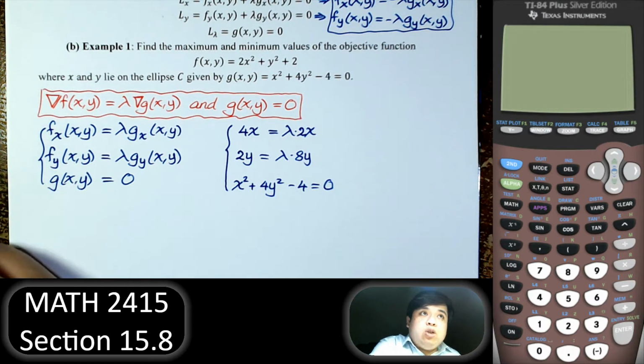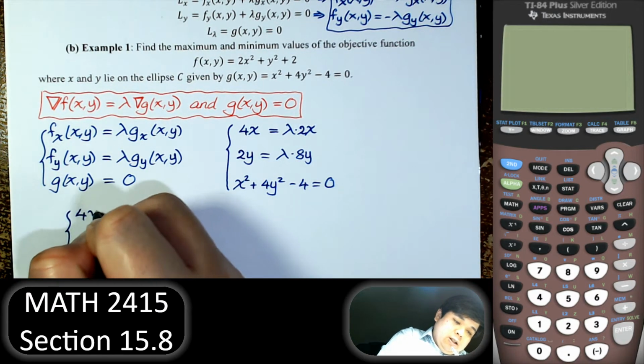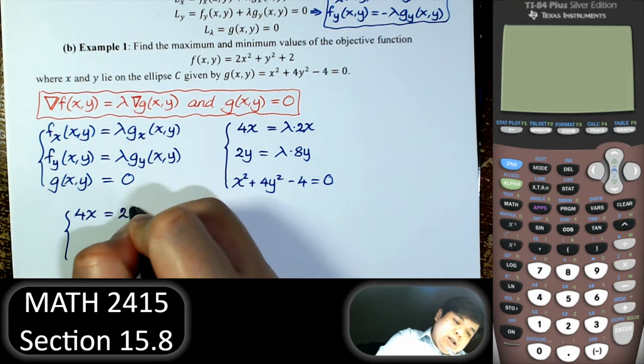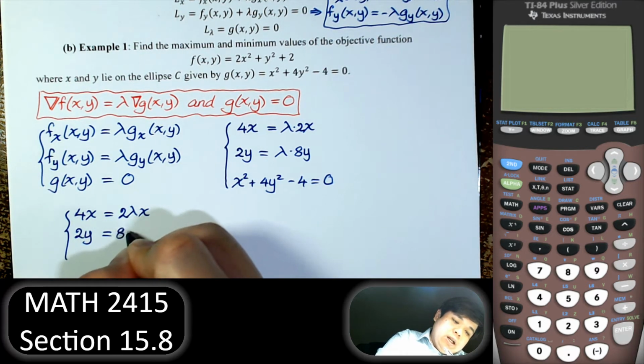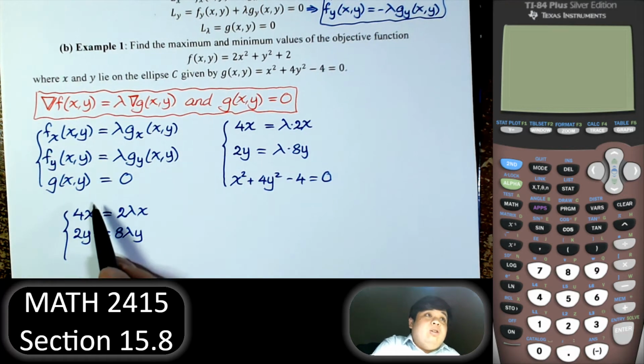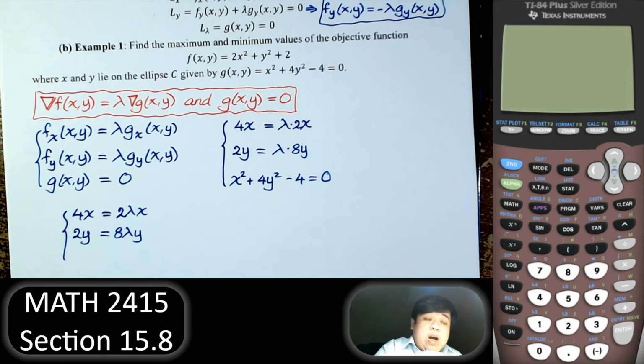We can solve for lambda, we can solve for x, use elimination or substitution. Let's rewrite this: 4x equal to 2 lambda x, 2y equal to 8 lambda y. We cannot divide by x on both sides or by y on both sides here, because x and y can potentially be 0.